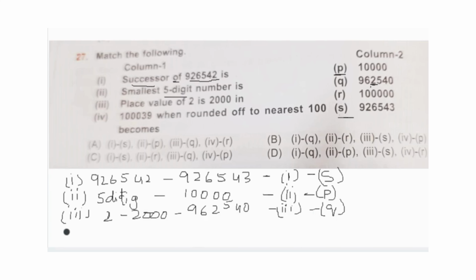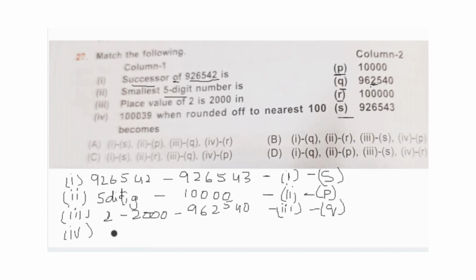Now let's go to the fourth option. In the fourth option, if you see, it's 100,039 rounded off to the nearest 100, right? The option that is left out, which is R, is 1 lakh.